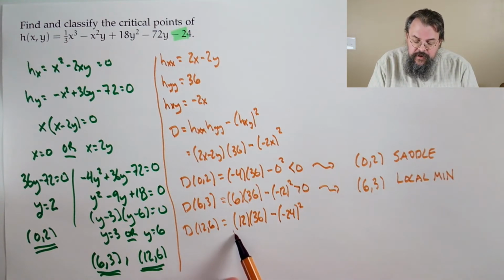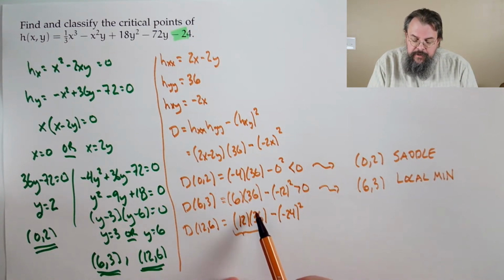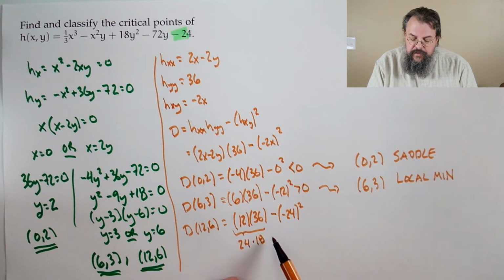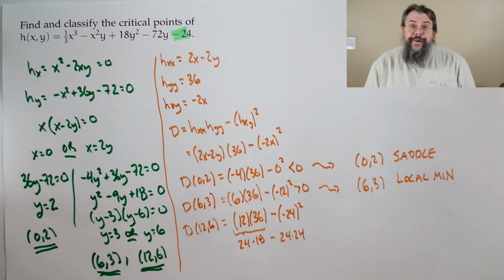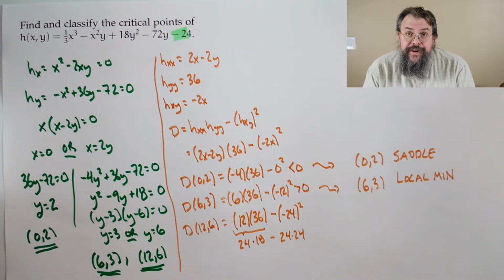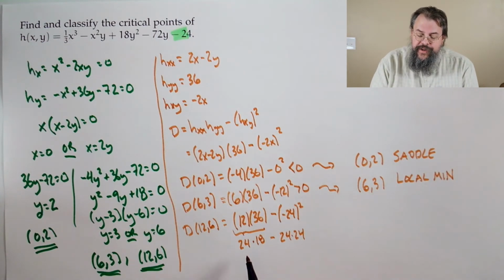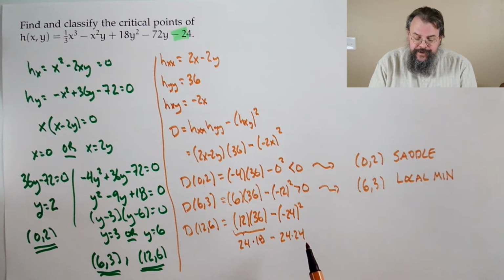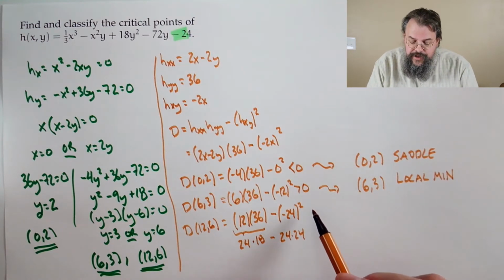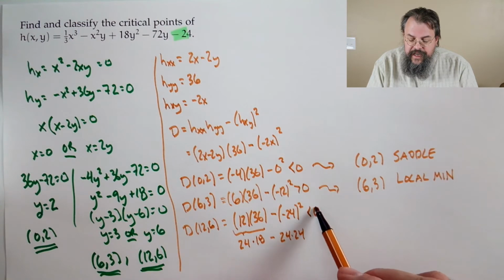Look, 12 times 36: I'm going to pull a 2 off from here, so think of this as 2 times 18, and move that 2 to the 12. So this is the same as 24 times 18, and then I'm going to subtract 24 times 24. Now, can you see which one is bigger? 24 times 18 or 24 times 24? The 24 times 24 is bigger, and it's being subtracted. So, as a result, it's a negative value.